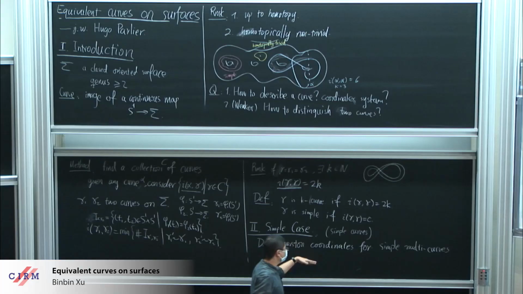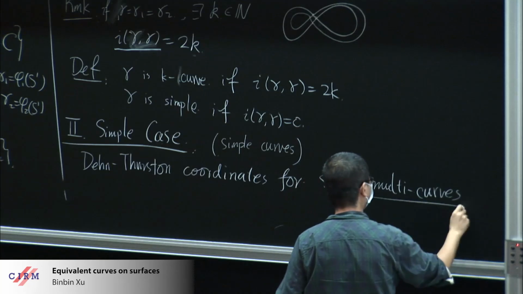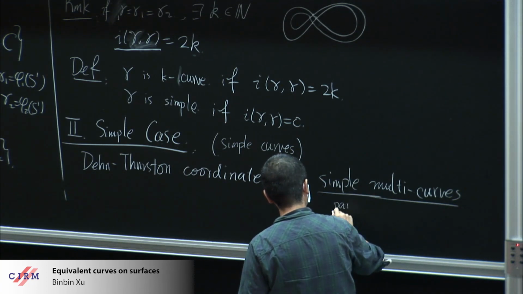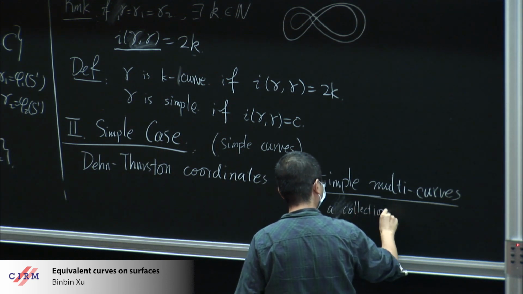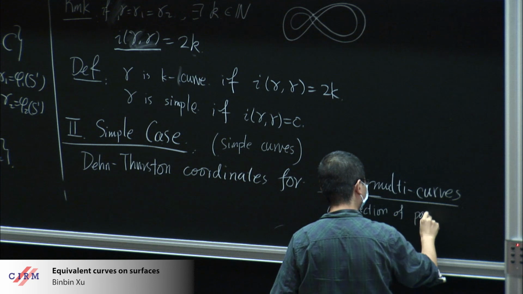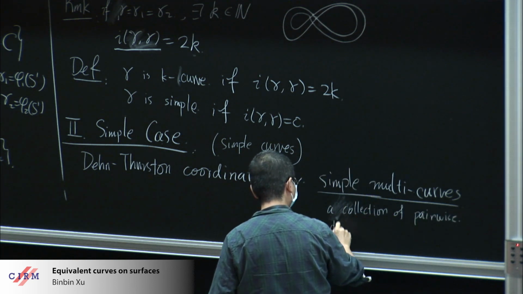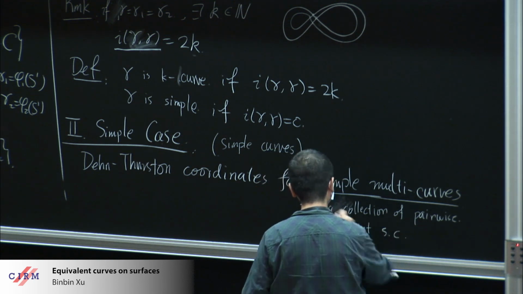This coordinate not only considers the simple curve, but also a collection of pairwise disjoint simple curves. So here, a simple multi-curve is a collection of pairwise disjoint simple curves.